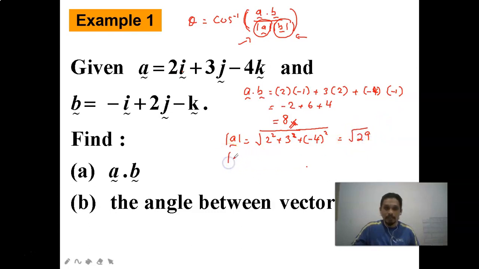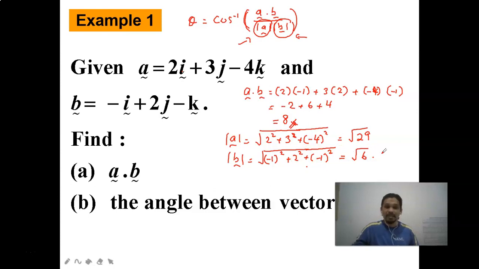Okay, and modulus of B. So for this one here now, negative 1, 2, negative 1. So negative 1 squared plus 2 squared plus negative 1 squared. 1 squared is 1, 1 squared is 1, 1 plus 1 equals 2, 2 squared is 4, then this gives you square root of 6.